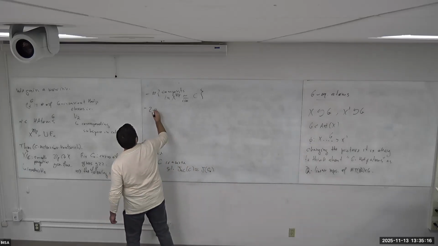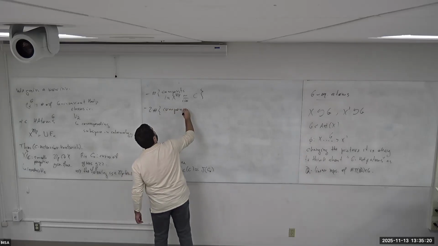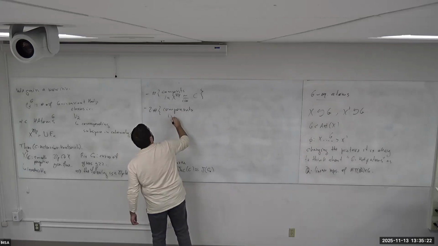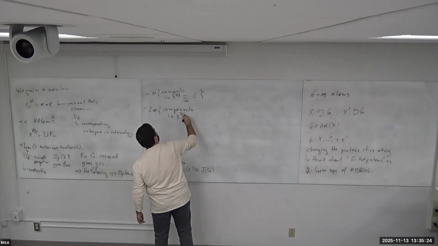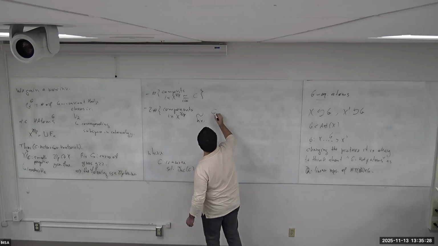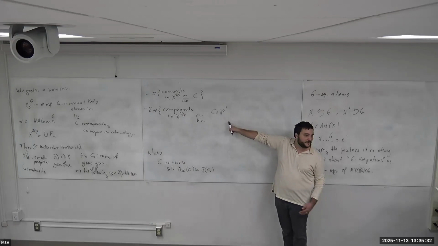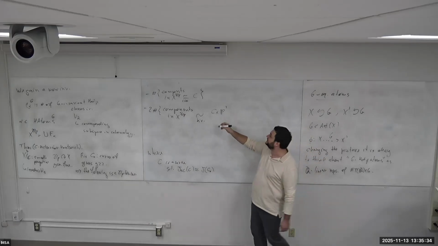Minus 2 times the number of components in X^{Z/p} that are birational to C plus P1, meaning the surface component should be birational to this.